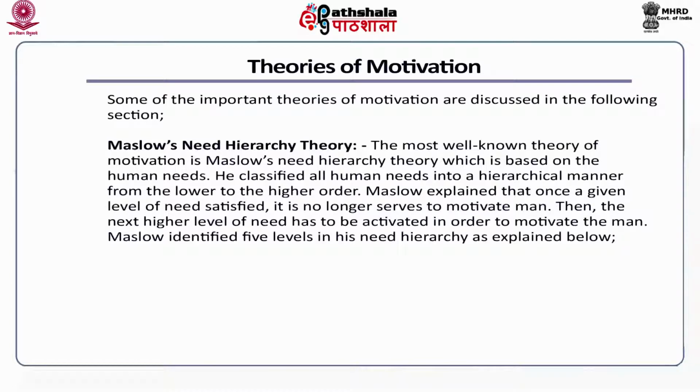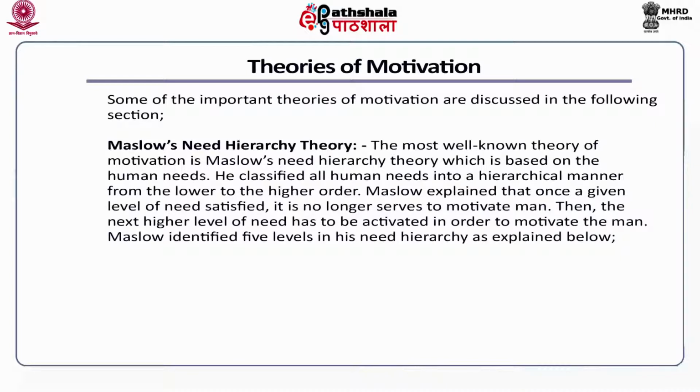Maslow classified all human needs in a hierarchical manner, arising from lower to higher order needs. Maslow explained that once a given level of needs is satisfied, it no longer serves to motivate men. Then the next higher level of needs has to be activated in order to motivate them.